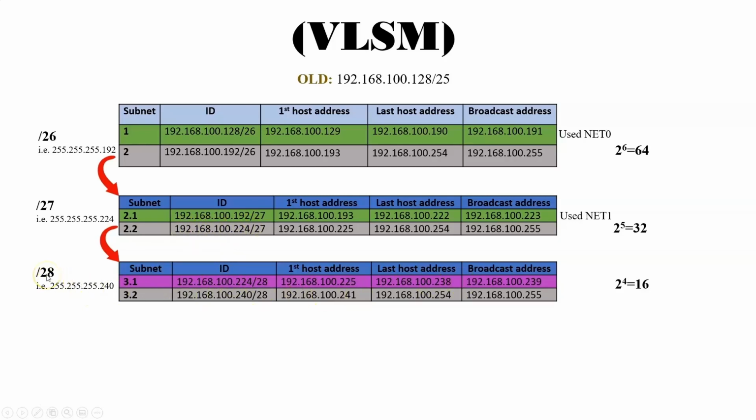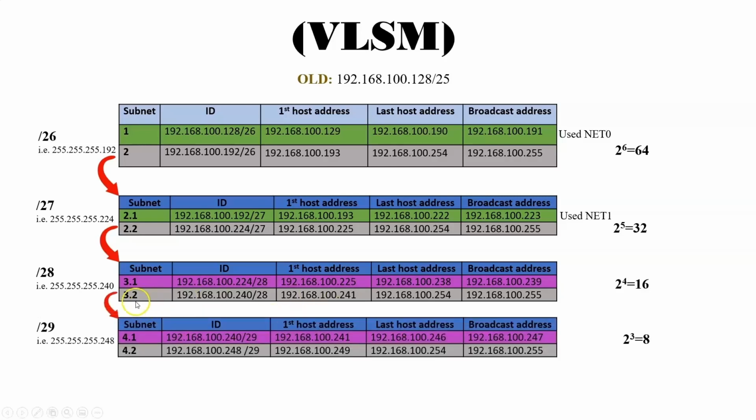When we borrowed 1 bit to make /28, I'm left with 4 bits for the host, so 2 to the power 4, that's 16 possible IP addresses with 14 usable IP addresses in each of the subnets. Even that is too big because I needed for net 2 and net 3 only 2 hosts each.